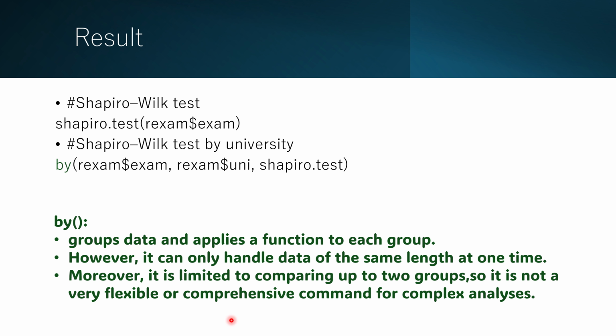But note that by() only works for comparing two groups at a time. For more complex designs, you will need another method like dplyr or group_by. This can be used only for the two group case.